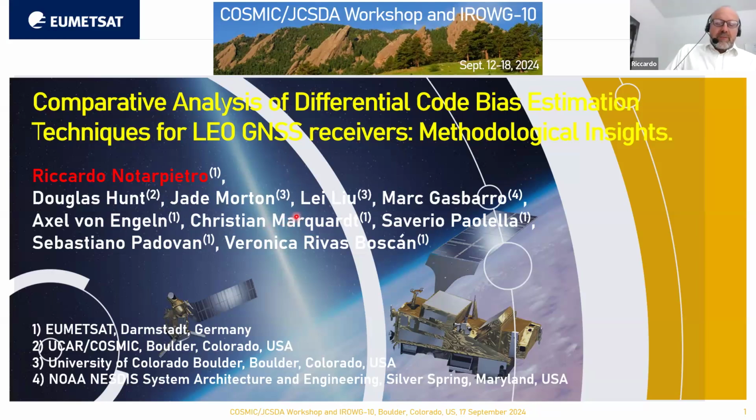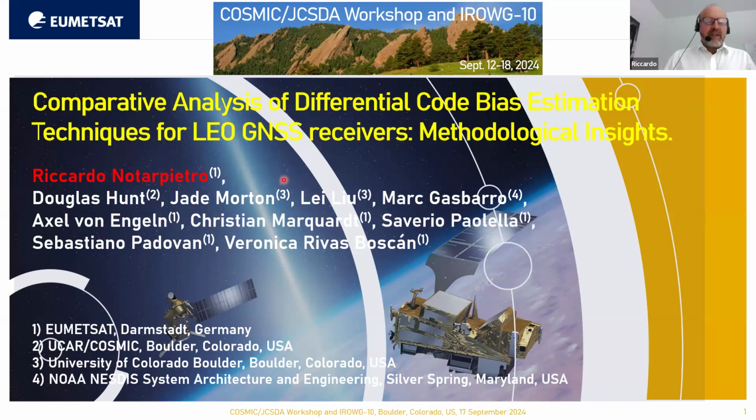So you know very well that the differential code bias is a hardware delay introduced by the transmitters and the receiver, and it strongly impacts the estimation of the absolute total electron content. The transmitter DCB is estimated from ground-based measurements and is made available normally through the IGS from different processing centers.